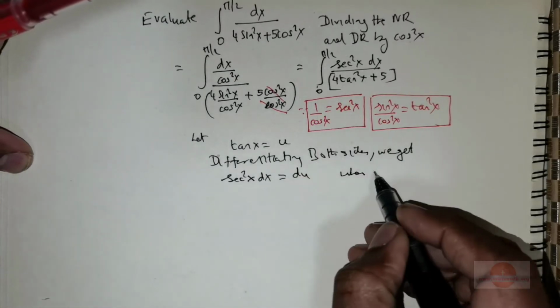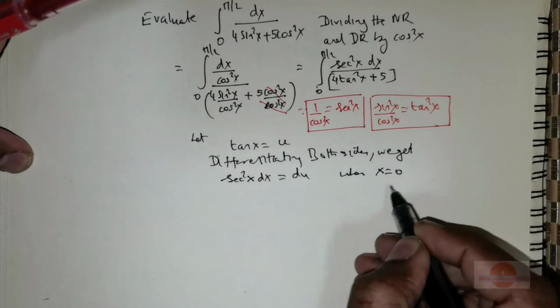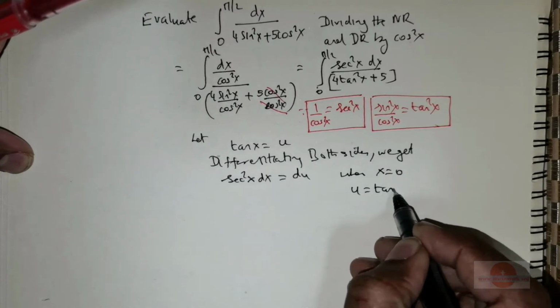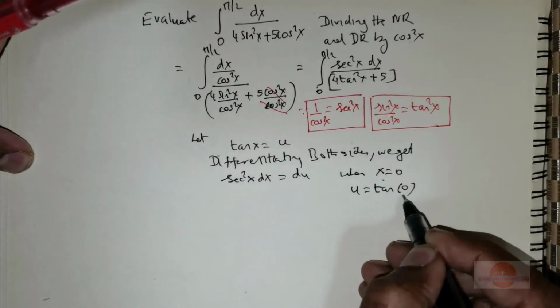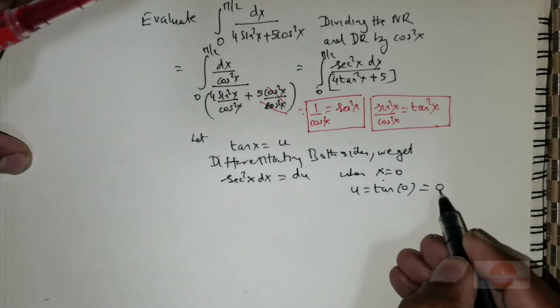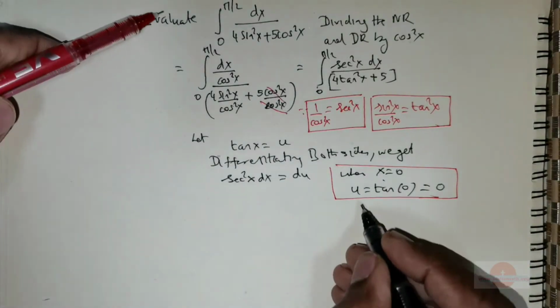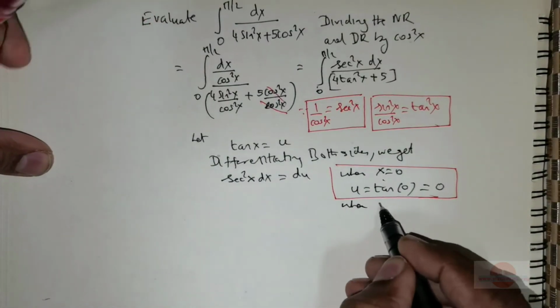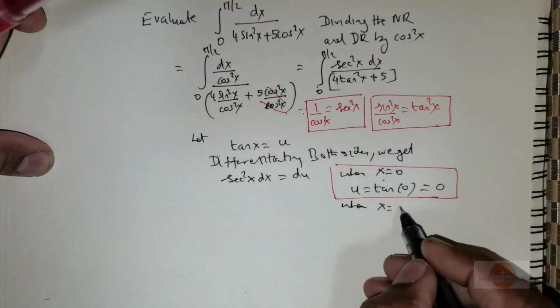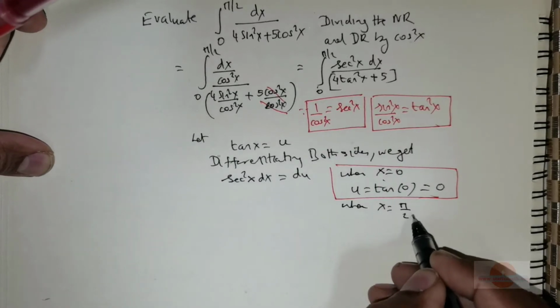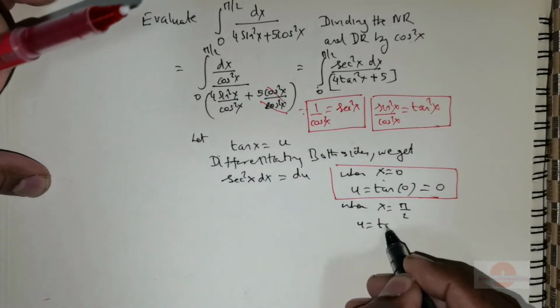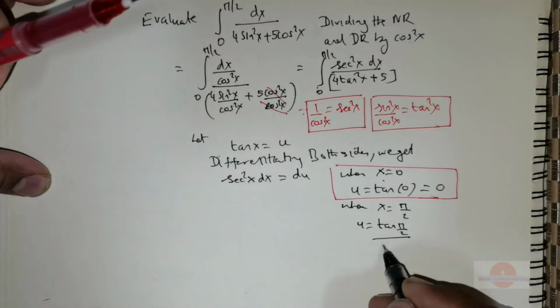Now we got the first limit. When x is equal to 0, I've got u is equal to tan of 0, which would be 0. So this is the first limit. The next one, when x is equal to pi divided by 2, what happens to u? u is going to be equal to tan pi divided by 2.